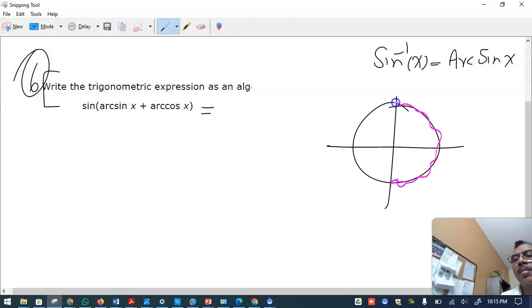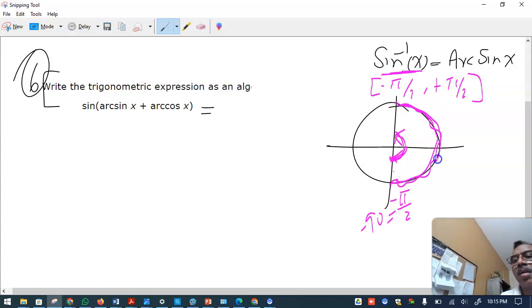So it's from negative pi by 2, which is 90 degrees, and then all the way till pi by 2. So the domain of sine inverse of x is minus pi by 2 to pi by 2, like this.